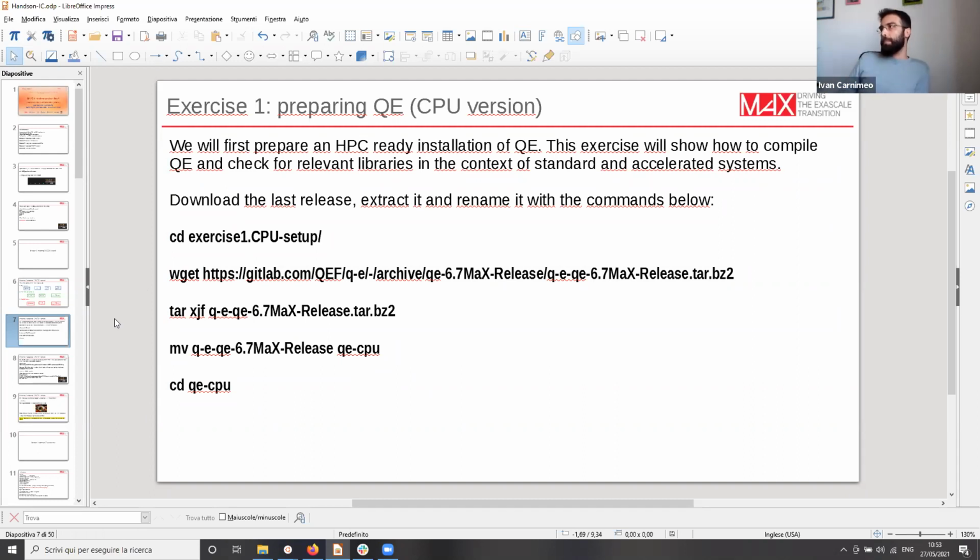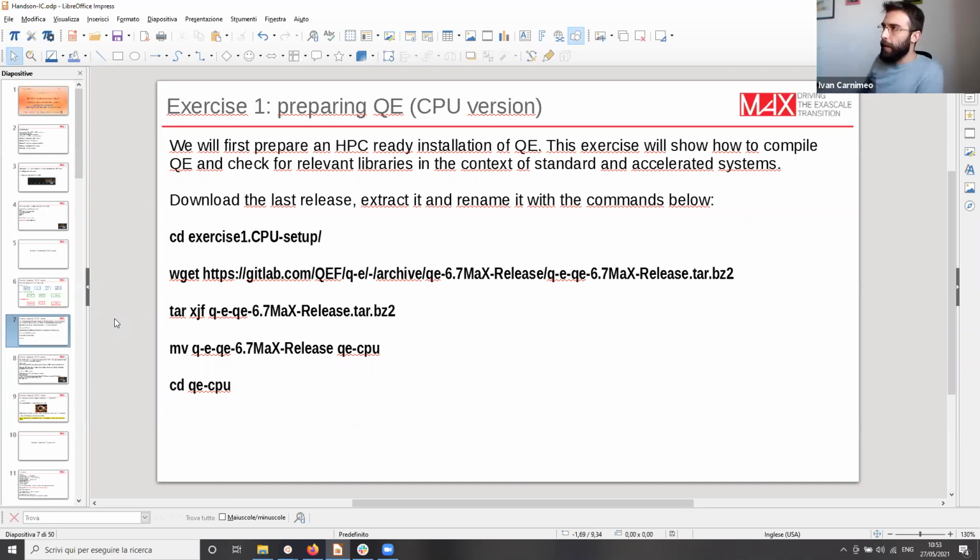You can open it with vi or with another editor. I'm not sure there is Emacs on Marconi, but you can also cat it to the screen or use less.